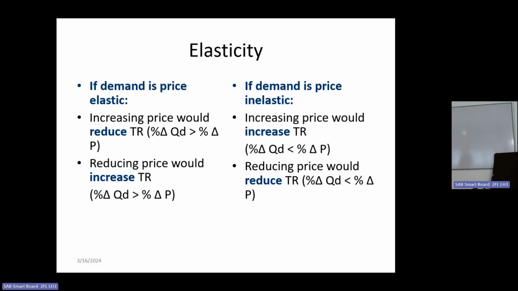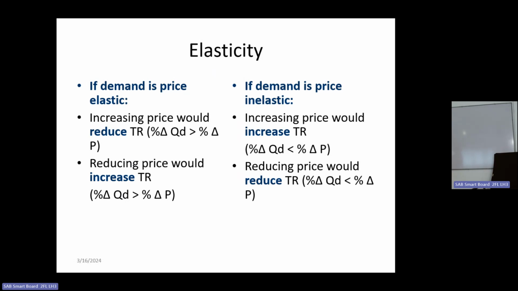If the demand is price elastic, that means there is a high percentage change in demand with respect to a change in price. So the percentage change in quantity demanded is greater than the percentage change in price. In the elastic case, a reduction in price would increase the revenue, since the demand change is more powerful than the change in price.